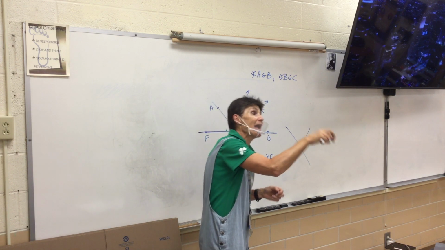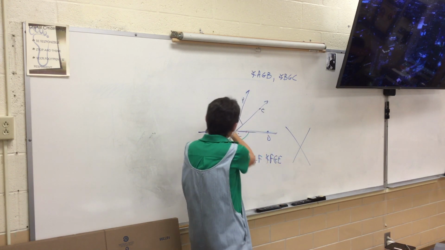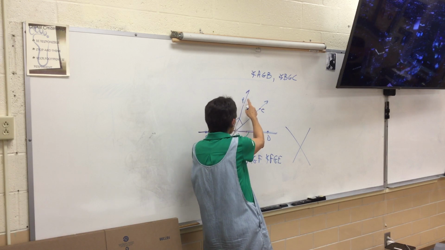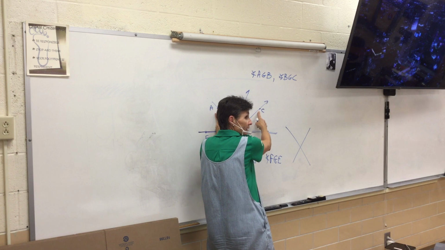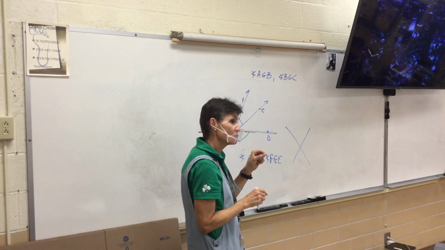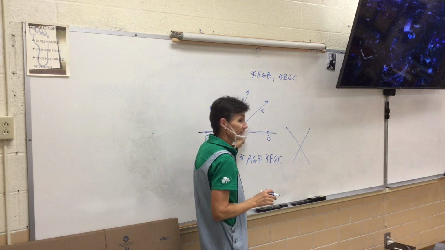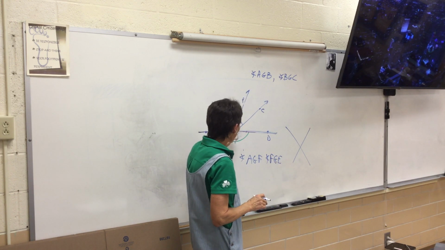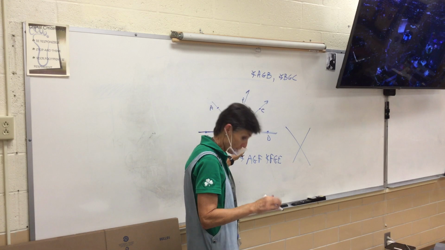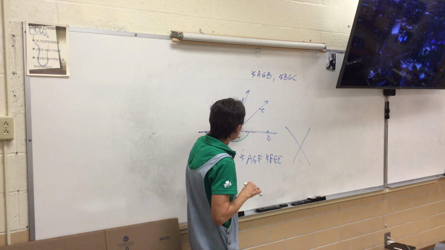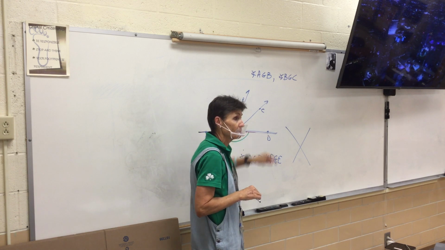What two angles add up to that, Carson? AGB and BGC. When you say complementary, there are two of them that add up to make the 90. So if that looks like 90 to you, it's not marked. It looks like 90 to me. I can live with that. AGB and BGC.